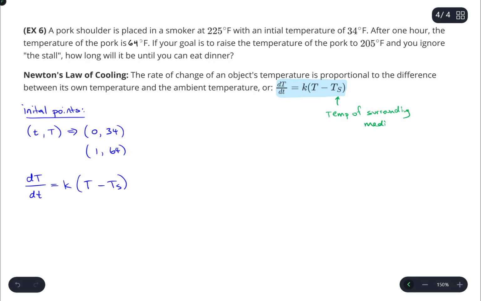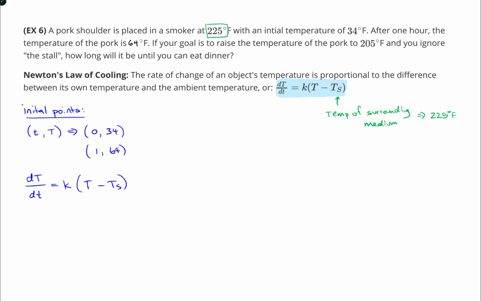Now, we also happen to know the temperature of the surrounding medium because it's in a smoker at 225 degrees Fahrenheit. So that's just going to be a constant 225 degrees Fahrenheit and not change throughout the problem, which is nice. We don't have to particularly work with it much other than just leaving it as is.